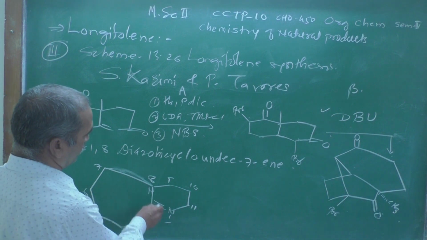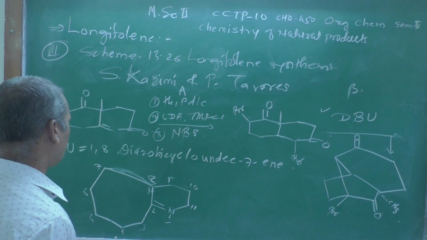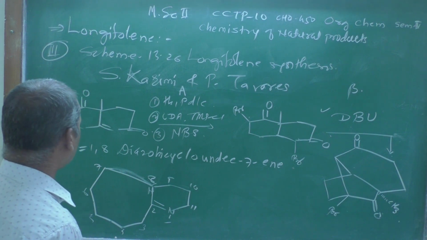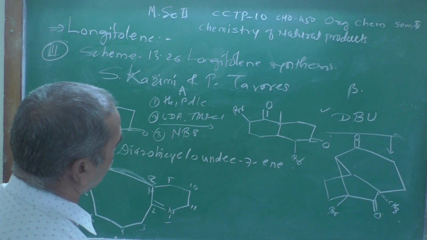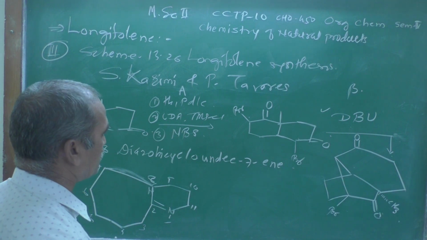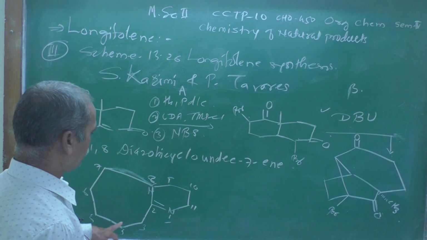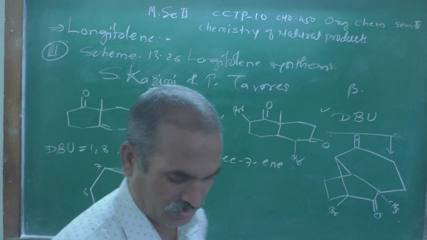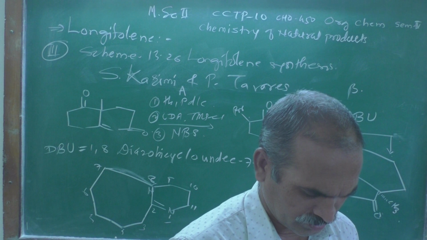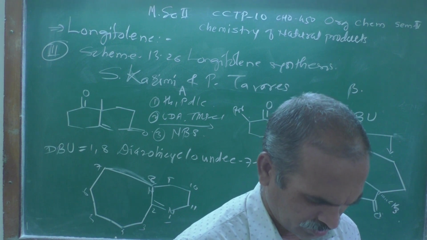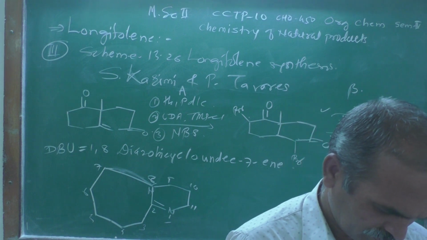And at the 1 and 8 positions there will be a nitrogen atom, and that's why it is a 1,8-diazabicyclo undec-7-ene, with the double bond.